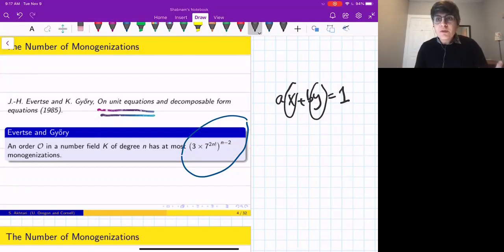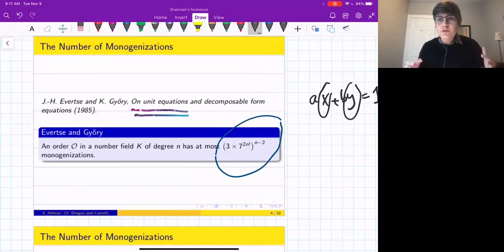Very simple equations, but extremely hard to understand, and especially to count the number of solutions, just because you go to number fields and then these are units, and there is a rich structure of units in number fields. There's a nice group structure, right?